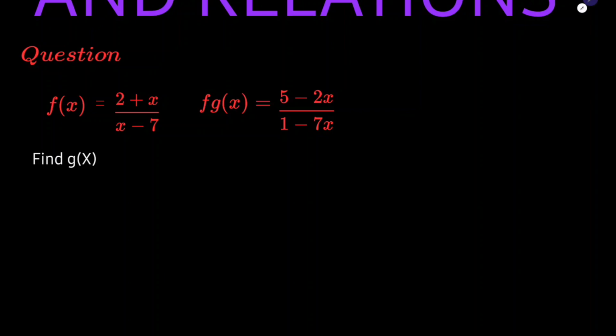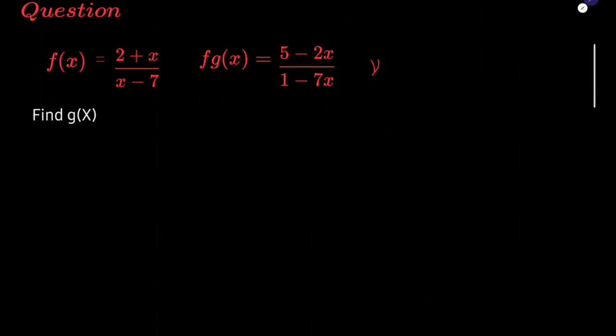Okay, so to find g of x, we need to substitute g of x into f of x and equate it to what we have already been given. So we need to determine the function g of x such that composing f with g would yield this which we have been given.